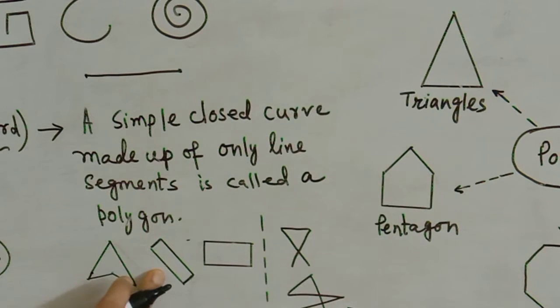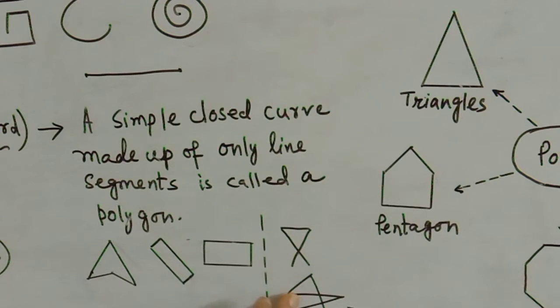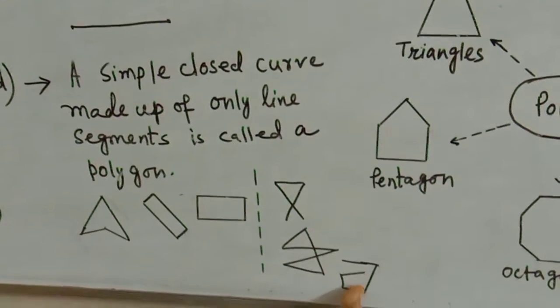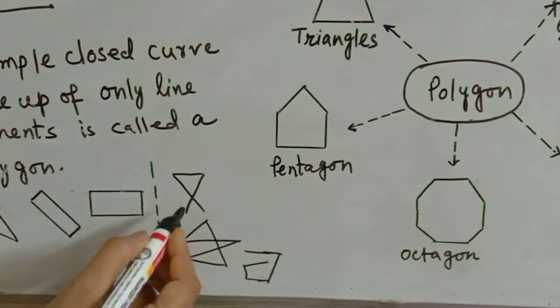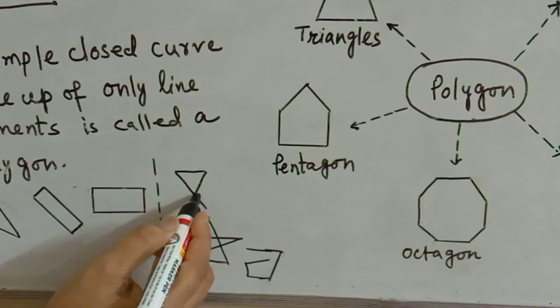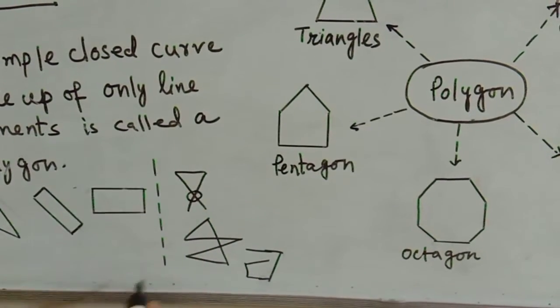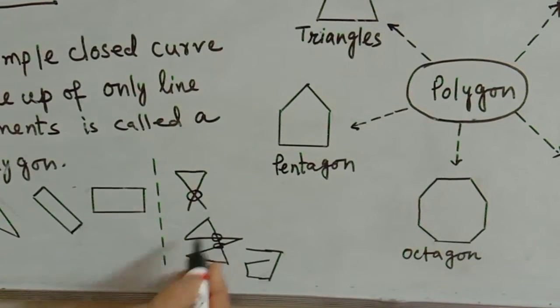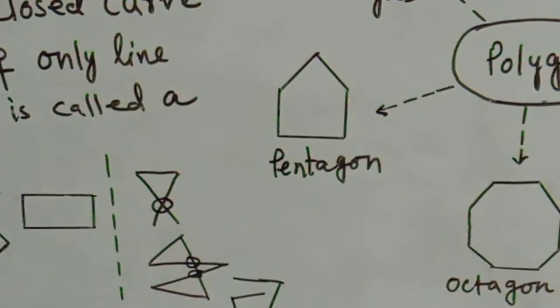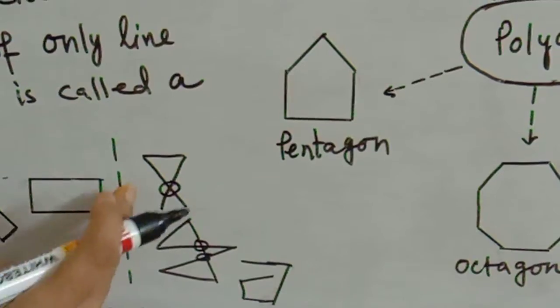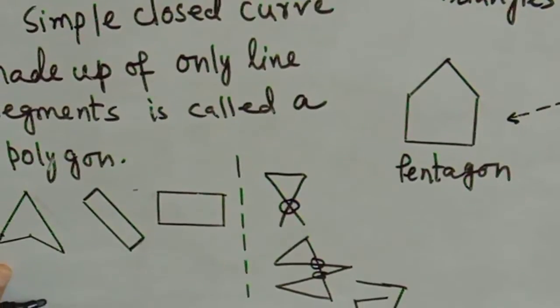This is also a polygon. See, this one is also a polygon. It is a simple closed curve. But these figures, you can see, are open, so they are not polygons. Though they are made up of line segments, there is some retracing portion also. Here also you can see two retracing portions. It is an open curve. So these are not called polygons, but these are polygons.